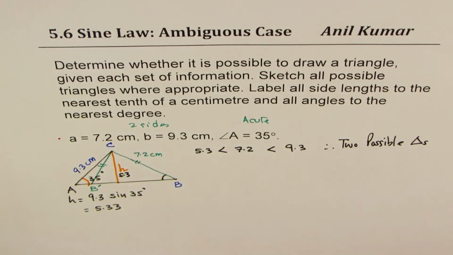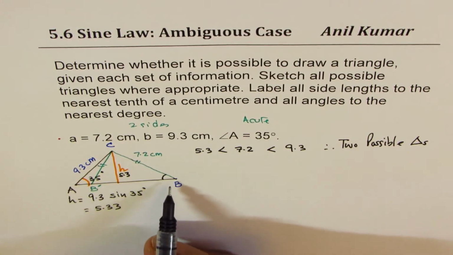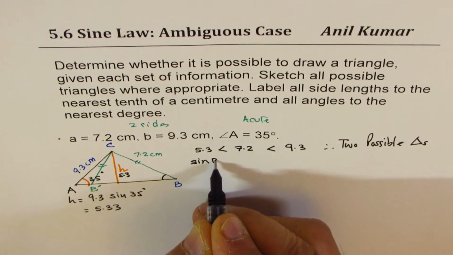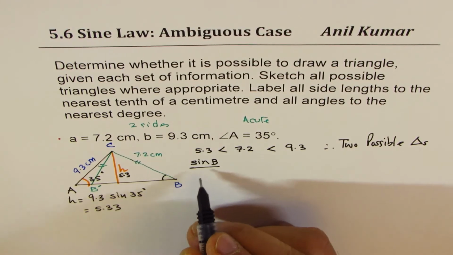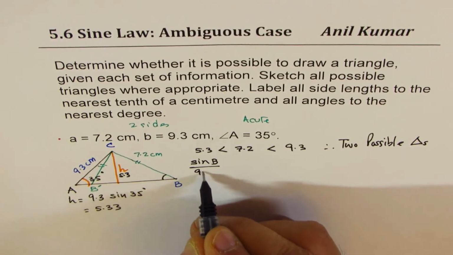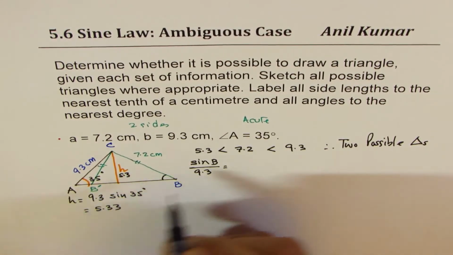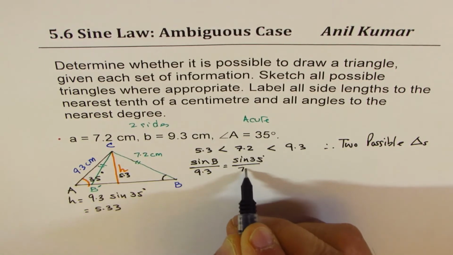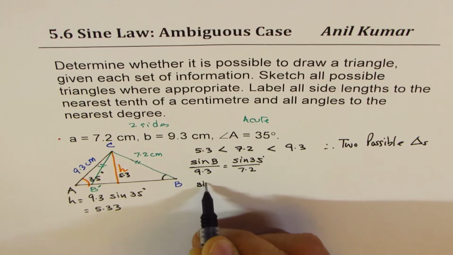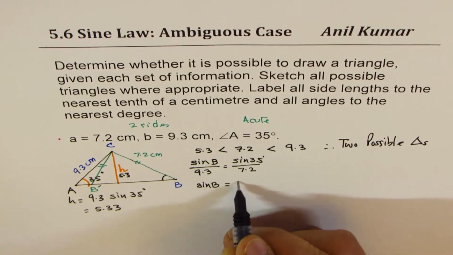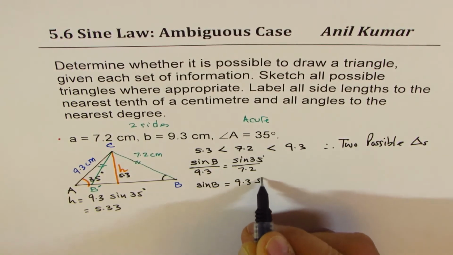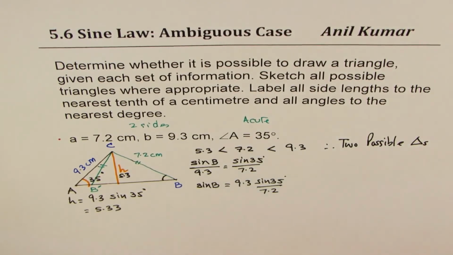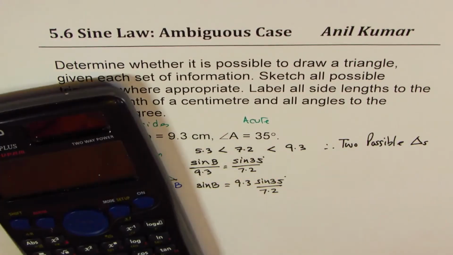Now let's apply the sine law to find the angle B, right? So we say sine of angle B divided by the side opposite, which is 9.3, is equal to sine of 35 degrees over 7.2, or sine of B is equal to 9.3 times sine 35 degrees divided by 7.2, correct? So let's calculate this.